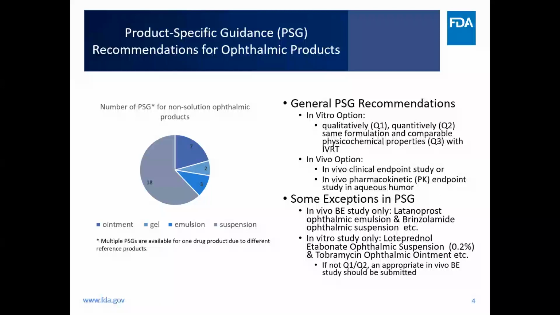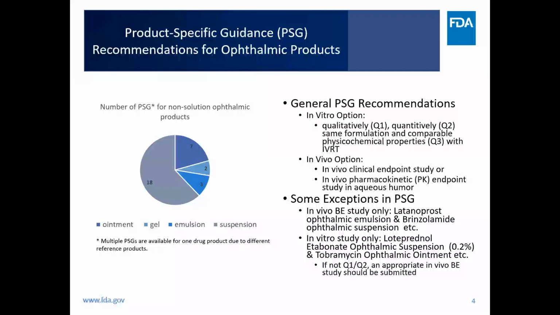These drugs are indicated for the treatment of glaucoma by lowering intraocular pressure. For these products without a supporting in vitro and in vivo relationship, the agency believes the in vivo BE approach is more appropriate to reduce safety and efficacy risk.